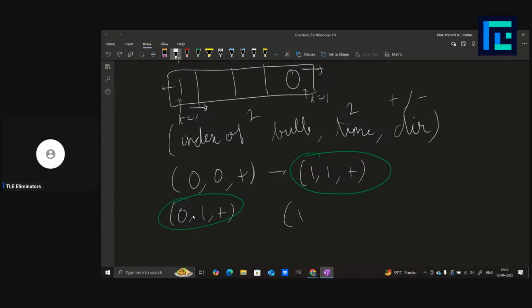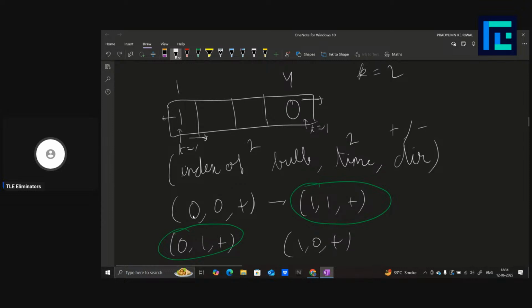So 1 0 plus. That means if I am spawned right here, at t equal to 0 in positive direction, then at t equal to 0 it is a red light, so I'll flip towards here. Then at t equal to 1 I'm here.